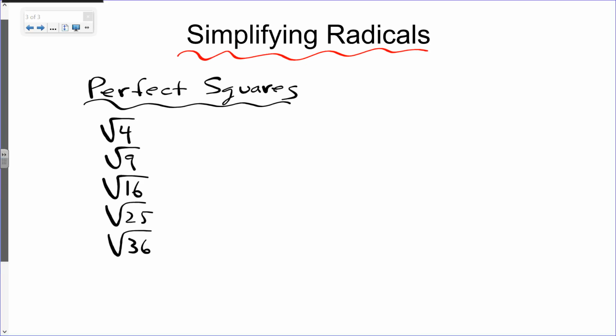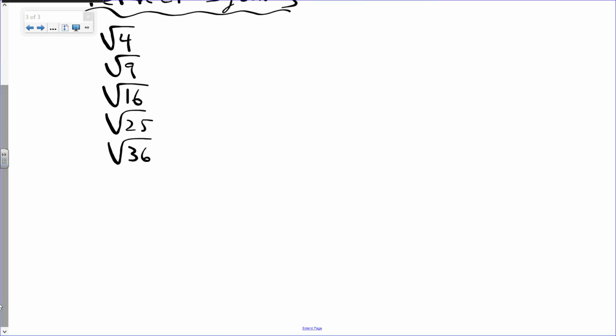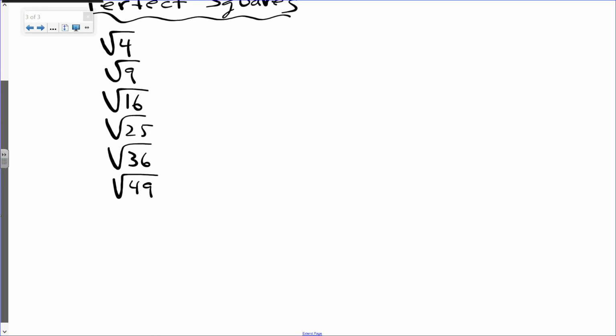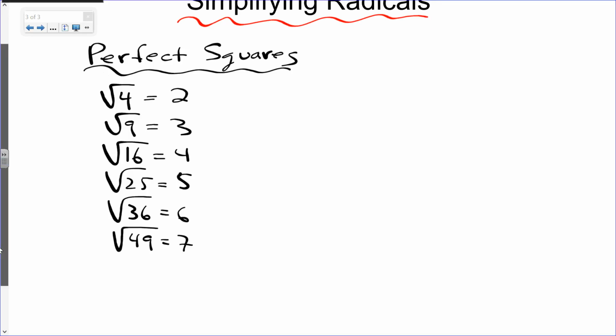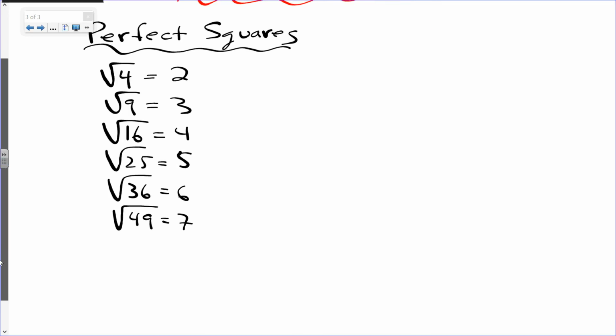36. What's the next one after 36? 49. So why are these numbers called perfect squares? Well, because if you take the square root of these numbers, they become nice whole numbers. Look at it. Go and write these down. Right? Go and put these down on your notes.